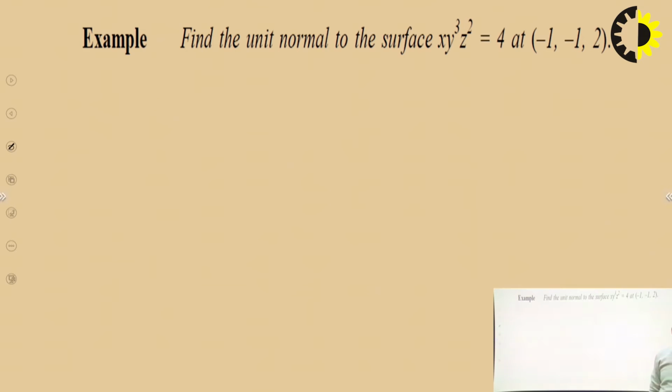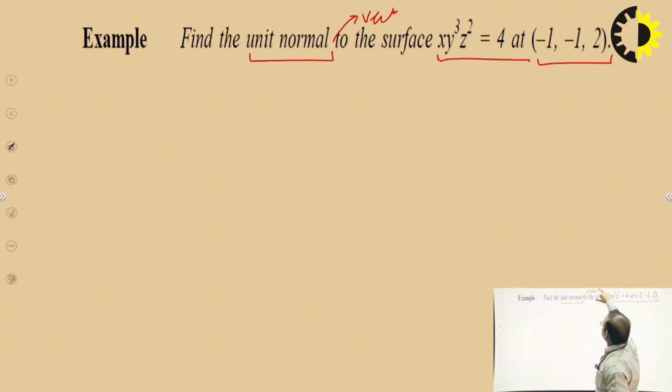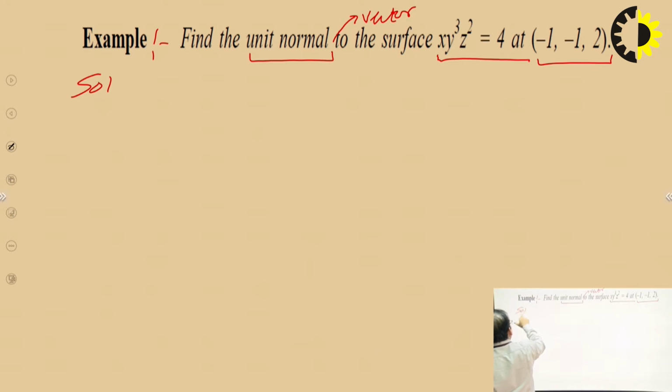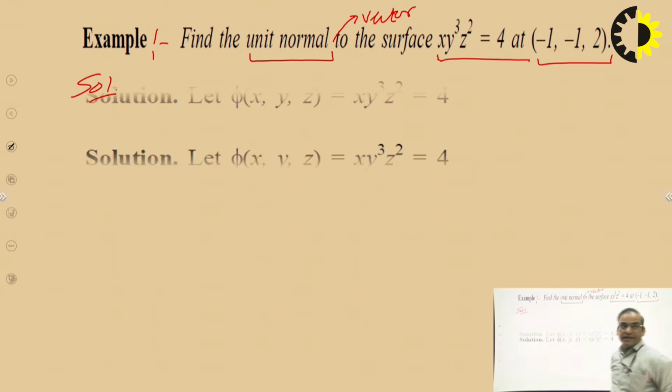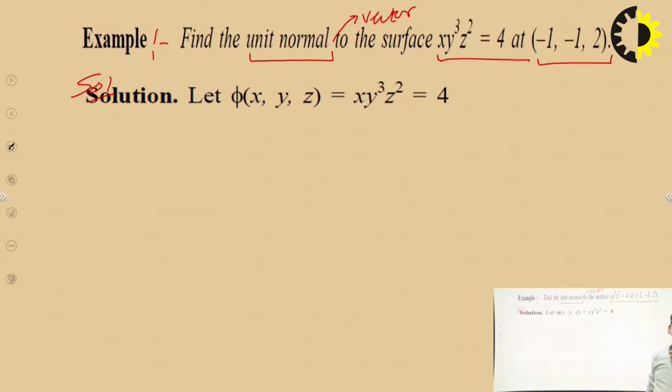Now first of all we are given the surface. This is the surface and this is the point given to us, and we are to determine the unit normal vector. In this sequence, if we want to solve it, we first have to determine the normal vector to the surface.